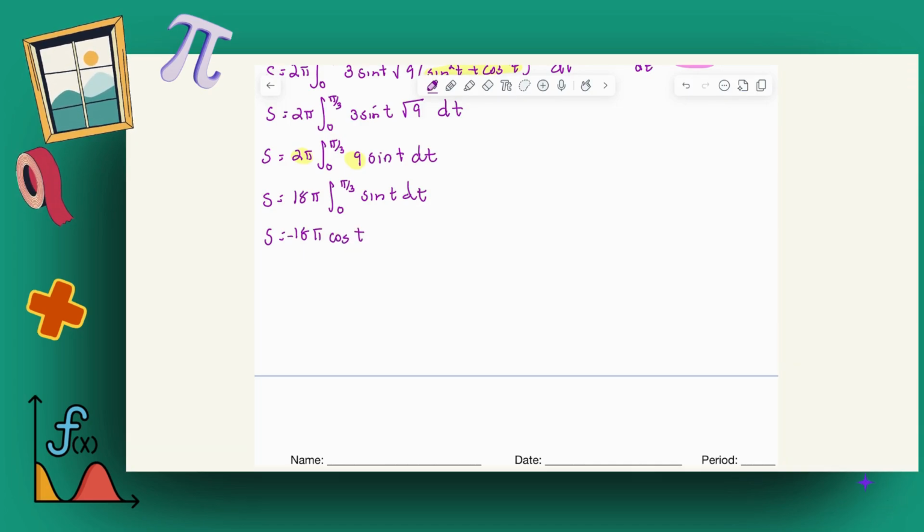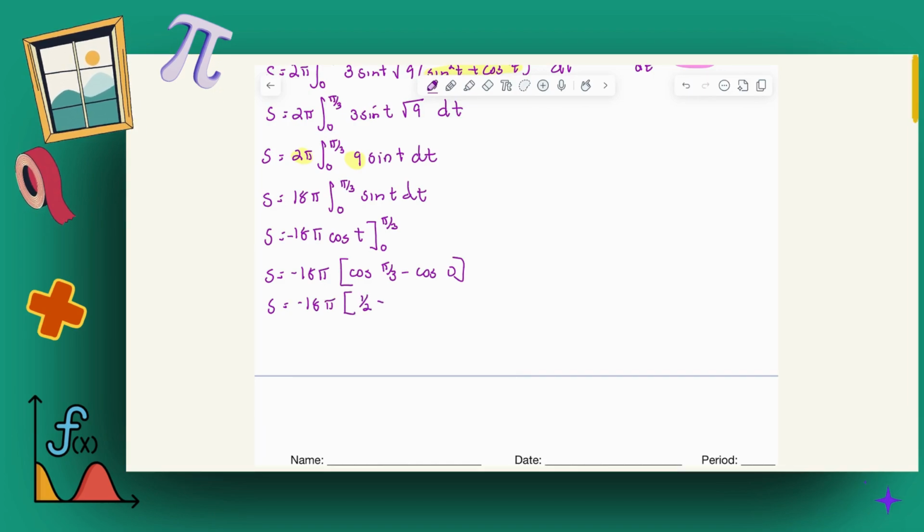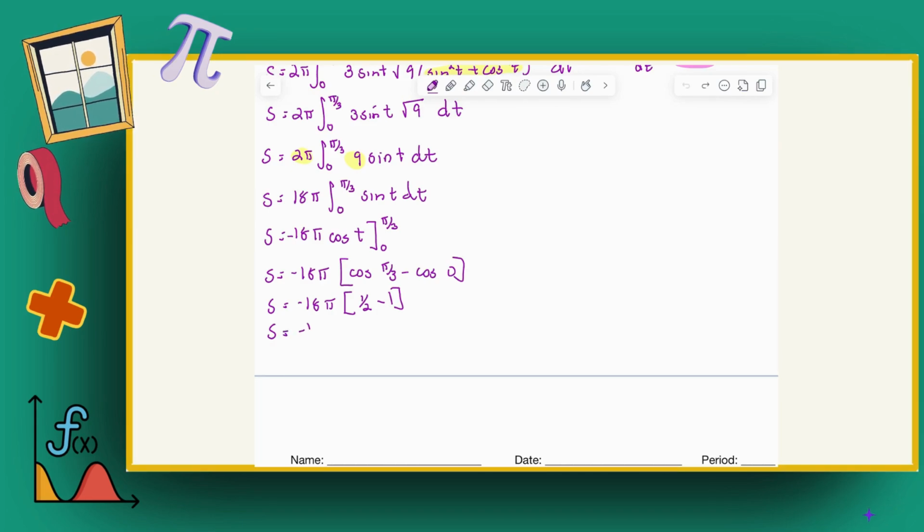So the integral of sine we know to be negative cosine t, evaluated from 0 to pi over 3. So I have negative 18 pi times cosine of pi over 3 minus cosine of 0. I know from my unit circle the cosine of pi over 3 is 1/2, and the cosine of 0 is 1.